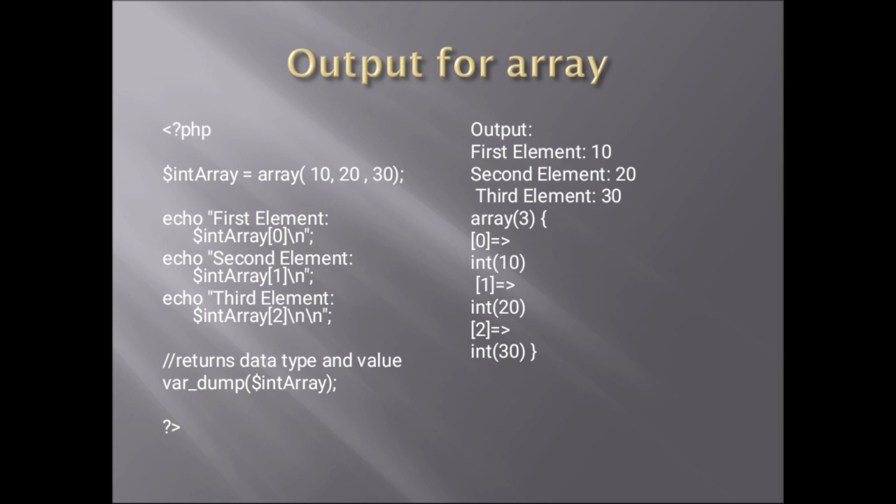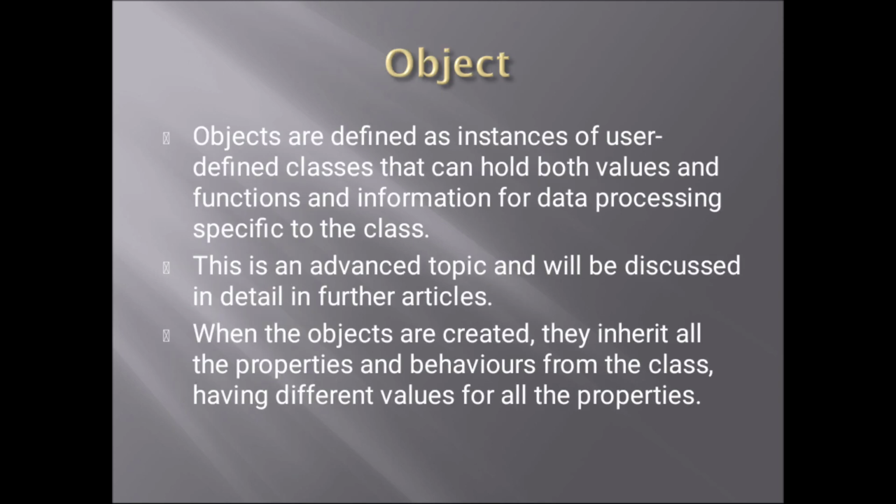The output will display first element 10, second element 20, third element 30. Array index 0 means int 10, 1 means int 20, 2 means int 30. Always in PHP, the array index starts from 0.